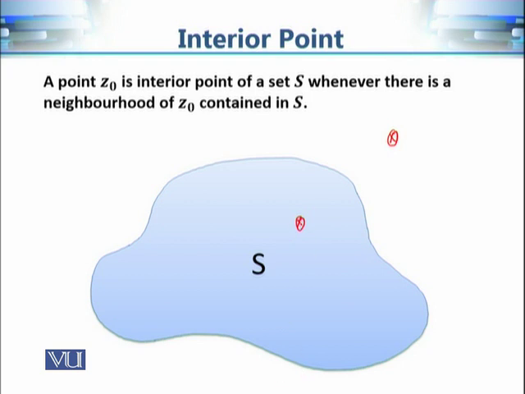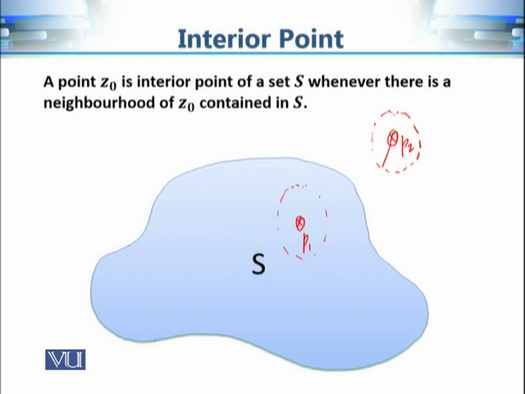What is the difference between these 2 points? Let's call this point P1 and this point P2. If I take the point P1, then I can easily find an open disk centered at P1 which is contained in this set S. For the point P2, there exists this following disk with center P2, where epsilon, the radius of this disk, is some distance.